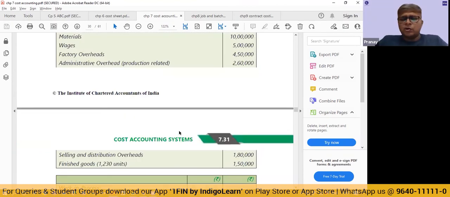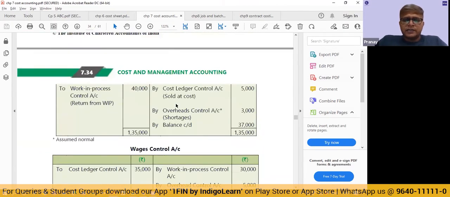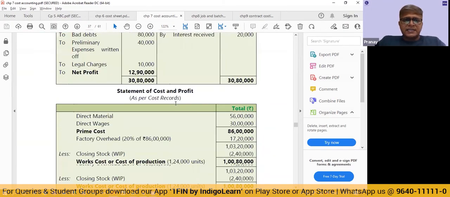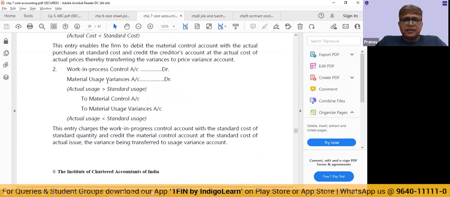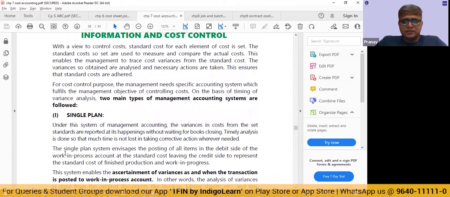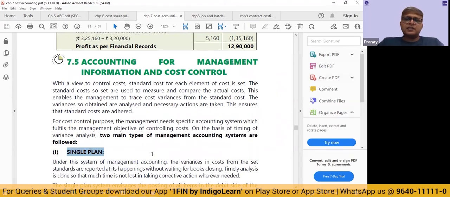Then one small topic which is also there along with this is single plan and partial plan. The single plan and partial plan basically become relevant when we are doing standard costing. These are more from a cost control perspective. Now, what is the single plan and what is the partial plan?